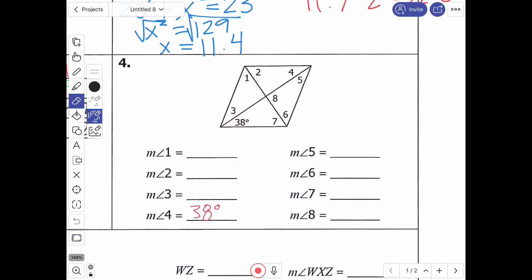Angle 8 is right where those two diagonals are meeting, where they're bisecting each other. And one of the properties of the diagonals is that they're perpendicular to each other. So when they're intersecting, they're forming that right angle. So the measure of angle 8 is 90 degrees.